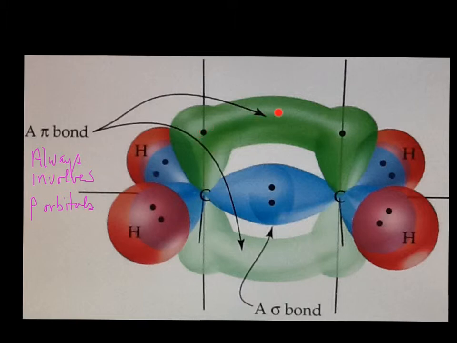And then you've got p orbitals that are sideways overlapping, and that's your pi bond. So this particular carbon is not an sp3; I'm taking the s orbital and 2 p orbitals to form my bonding orbital, so it'd be sp2, and then you have a pi bond with that.